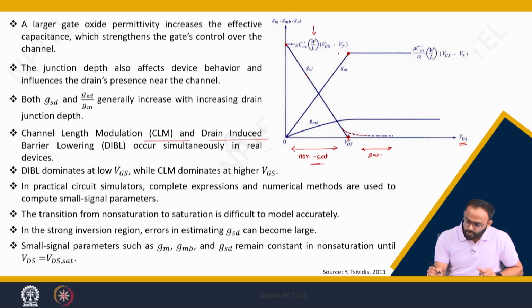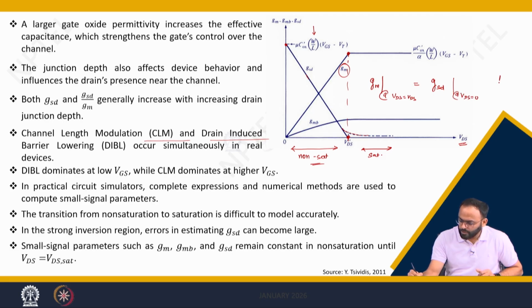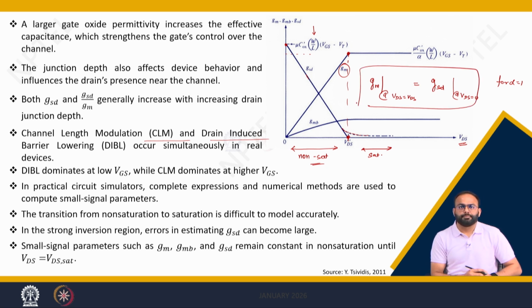It is interesting to note that GM at VDS equal to VDS dash, this point, is approximately equal to GSD measured at VDS equal to 0 for alpha equal to 1. So, if we consider alpha equal to 1, then these two values are approximately the same, correct, from this graph.